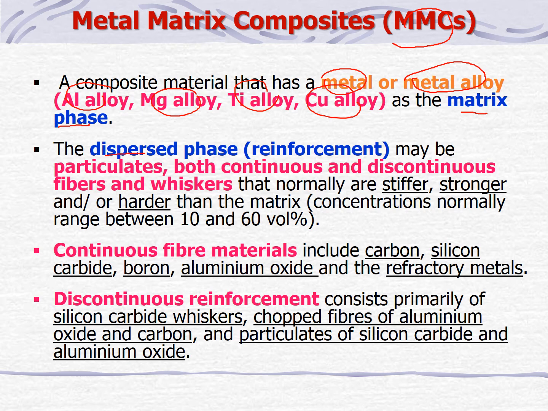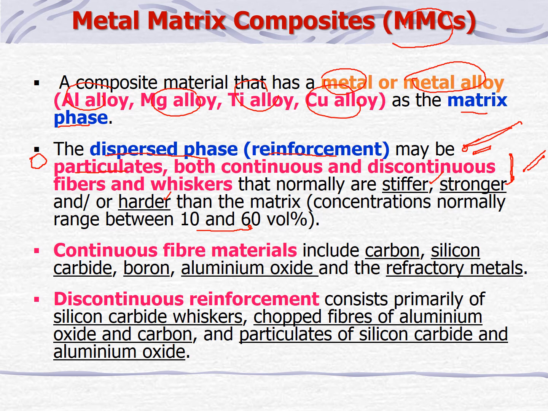The dispersed phase, the reinforcement, can be particulate, continuous or discontinuous fibers, short fibers, and whiskers, that normally are stiffer, stronger, and harder than the matrix. Normally the concentration is in the range of 10 to 16 volume percent.